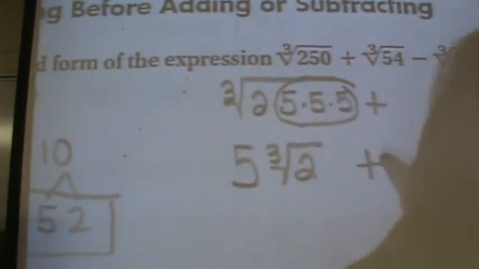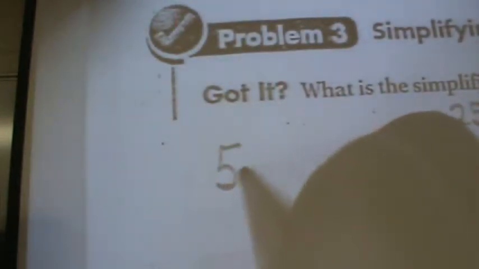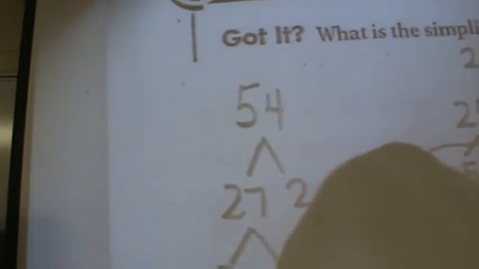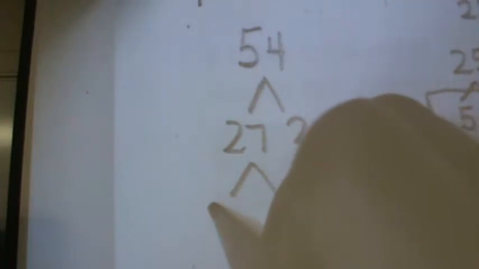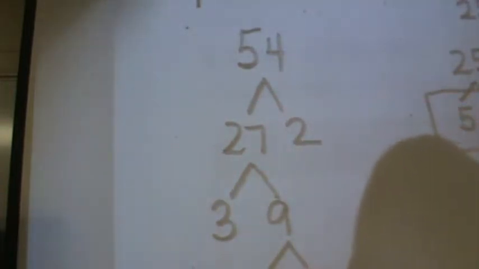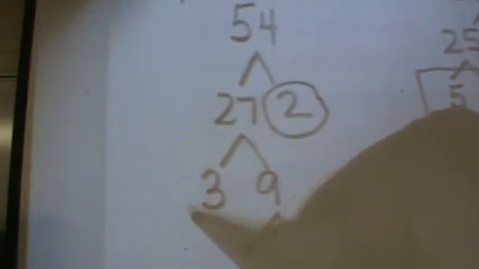Okay, we're gonna keep going. How do you break 54 up? 27 and 2. I heard 27 and 2. You can take the cube root of 27, and you can break up 27 into 3 times 3 times 3. So 54 consists of a 2 and 3 3s.